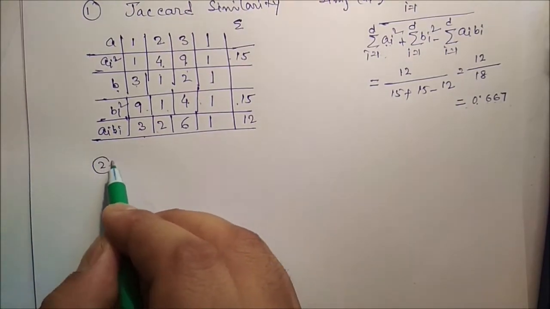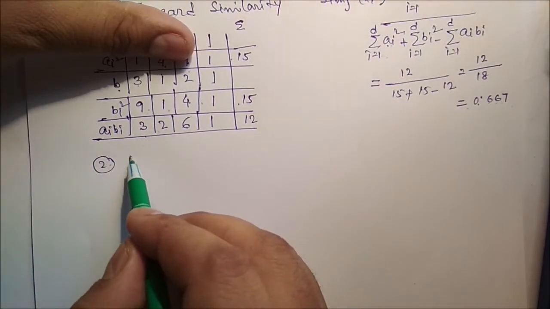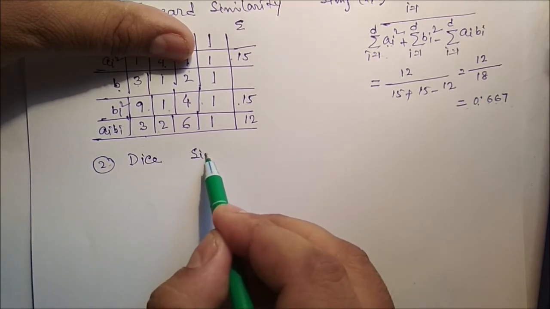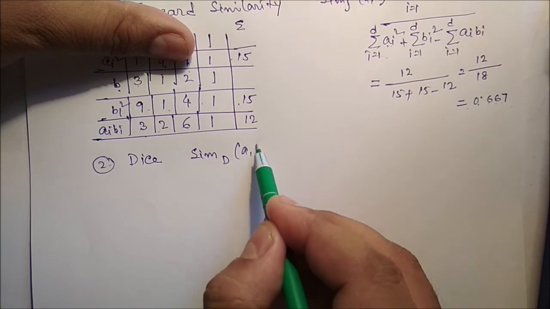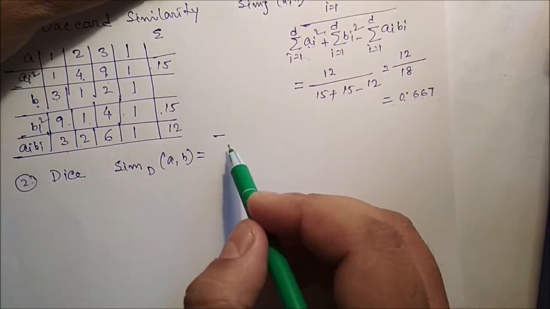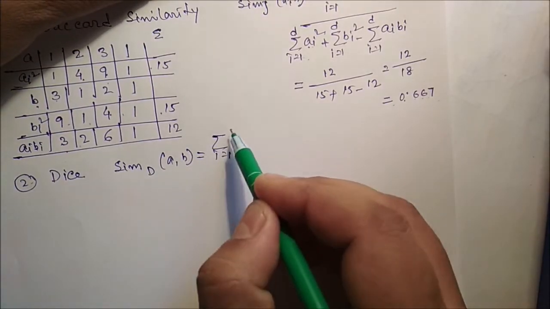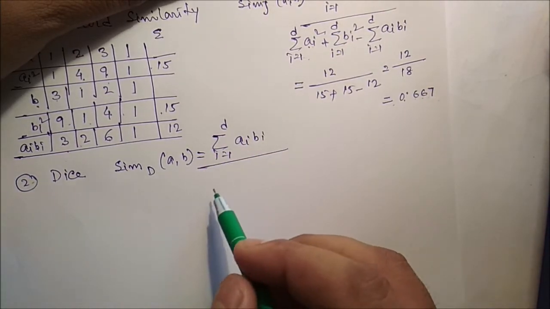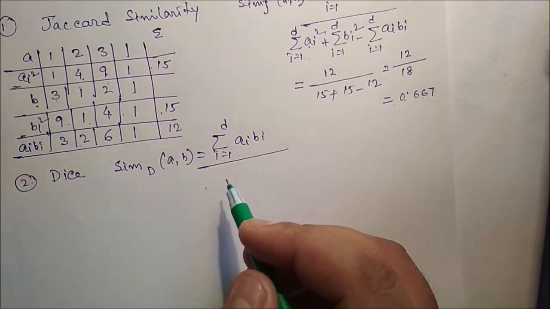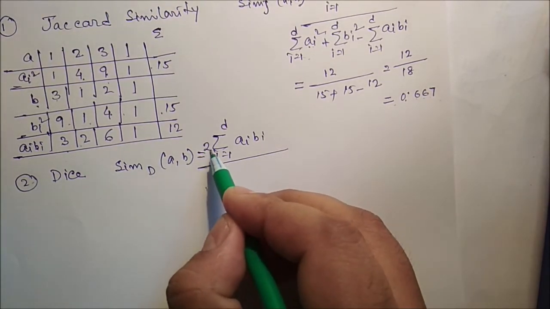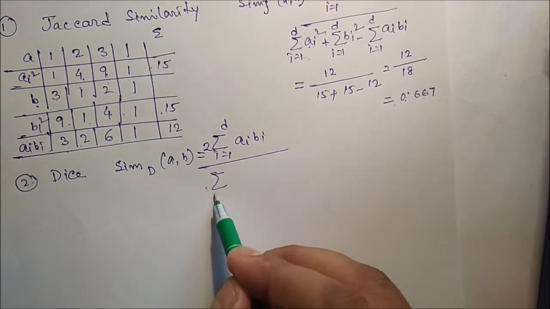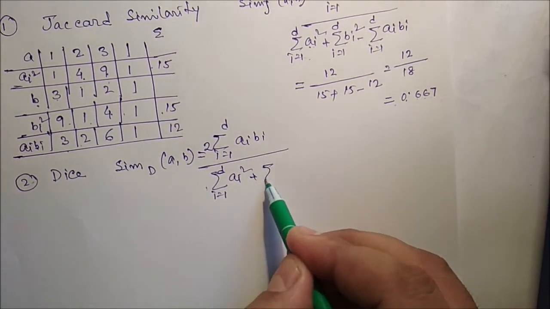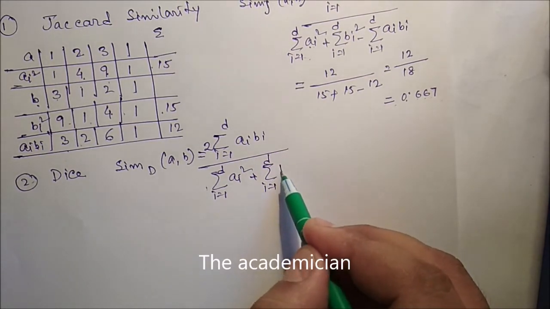Next we calculate Dice similarity. So we can write the Dice similarity between A and B: summation of 1 to D AiBi divided by 2 into summation of 1 to D Ai square plus summation of 1 to D Bi square.